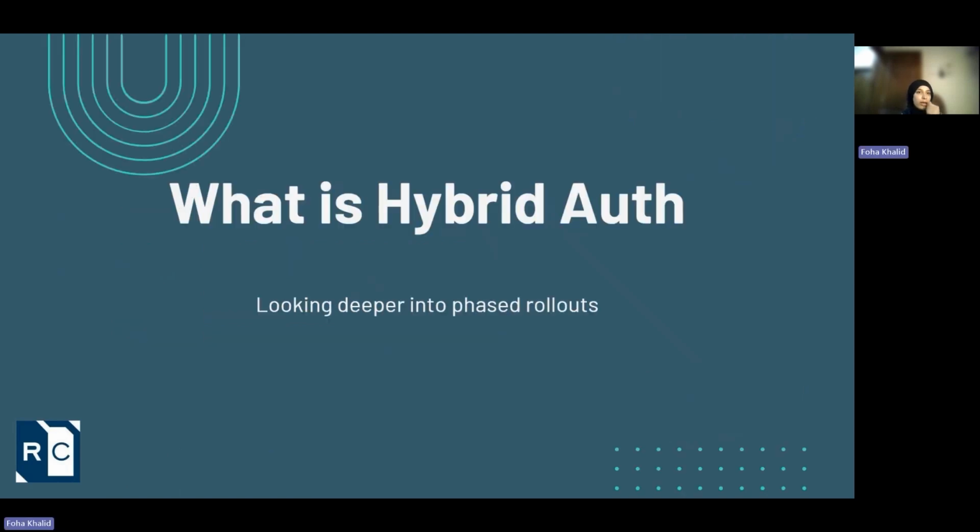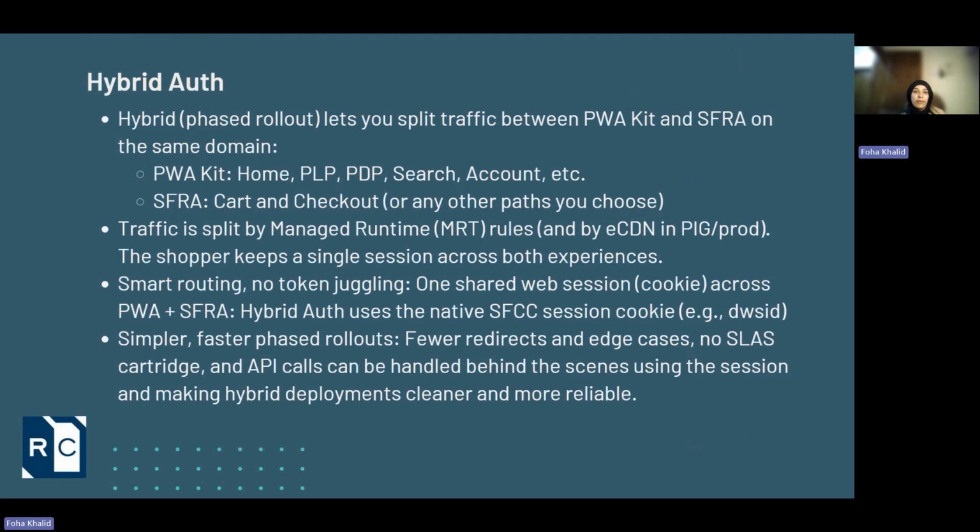So starting off, what is hybrid auth and what is a phased rollout? A lot of you might be familiar with the concept of a phased rollout, where we're routing some of our routes to MRT, and MRT refers to your PWA Kit, and the rest of your routes are going to whatever legacy architecture you could be using, like SiteGenesis, or it could be SFRA.